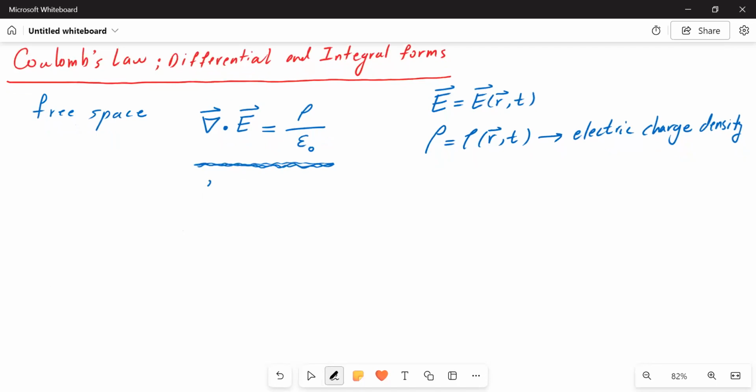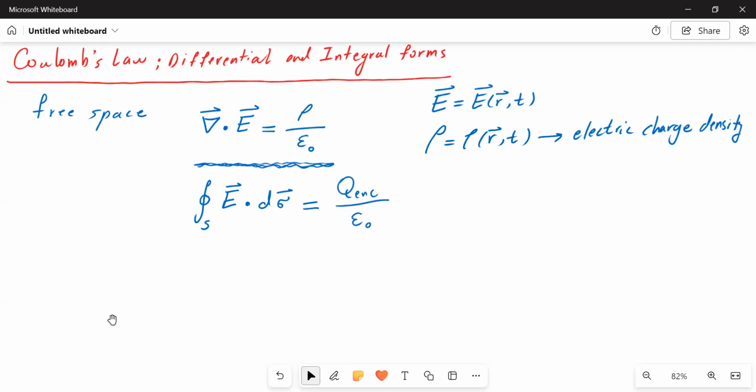So we have the closed surface integral of the normal component of my electric field, which I can show by the dot product between an element of surface, which we call d sigma, and the electric field. That gives me the total charge enclosed within that surface divided by epsilon naught. Now, this follows Gauss's law or Gauss's theorem. And I'll show you in a minute how this works.